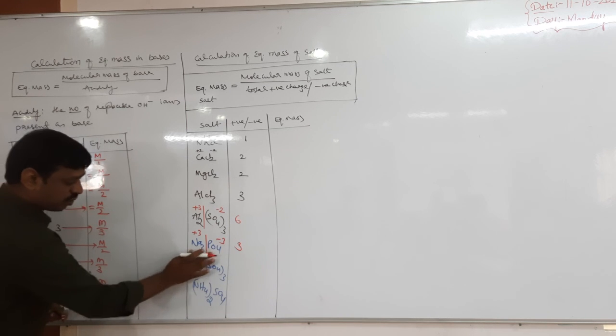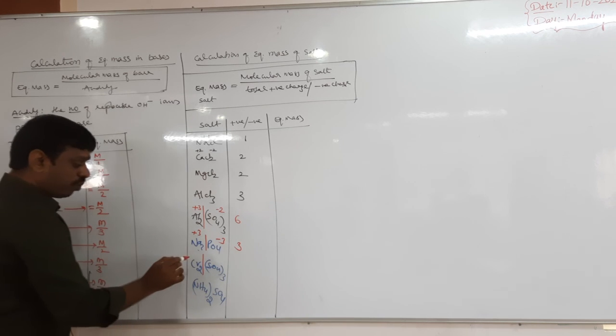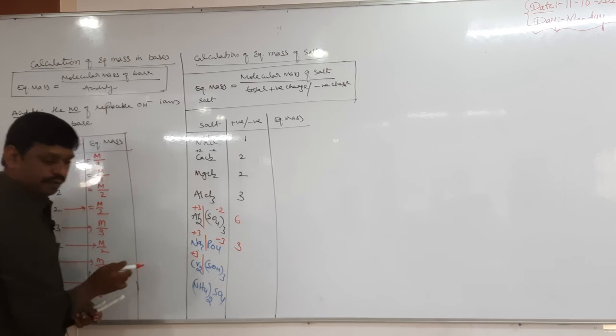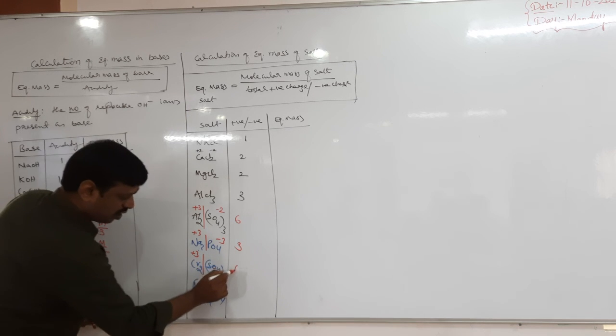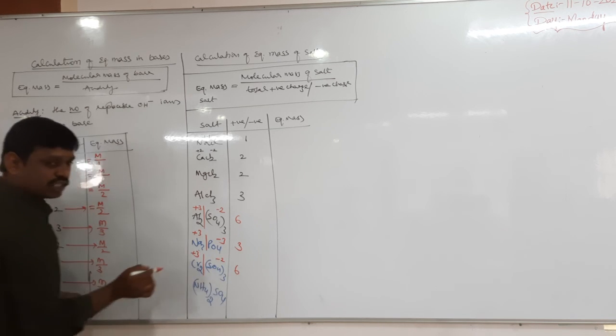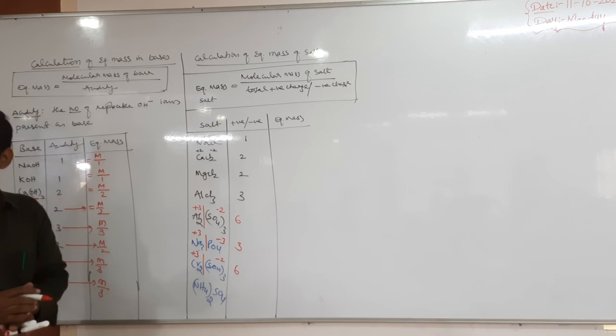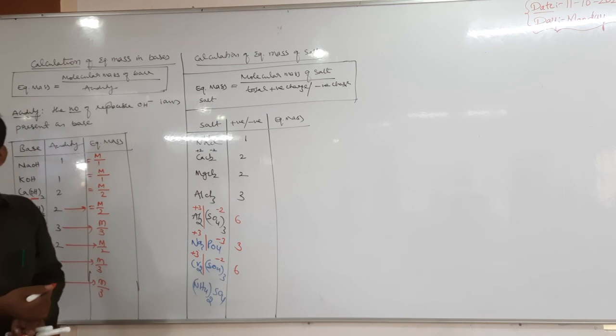Next here, similarly chromium. Divide 2 chromium separately. 1 chromium is plus 3, so 2 chromium is 6. Or another way, sulfate. 1 sulfate is minus 2, 3 sulfate is minus 6. Either minus 6 or plus 6.